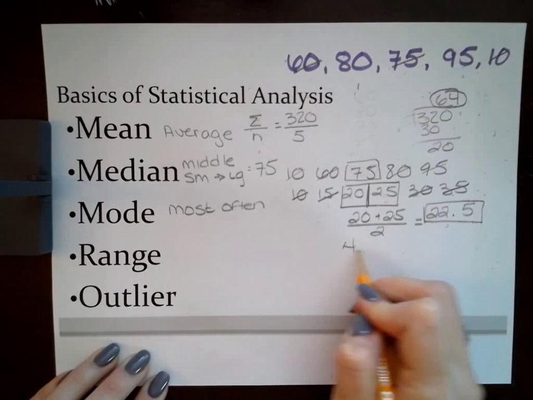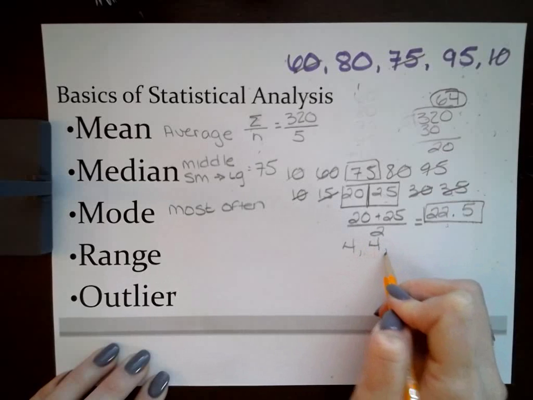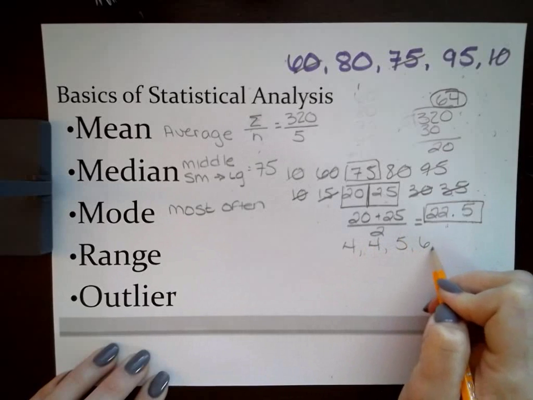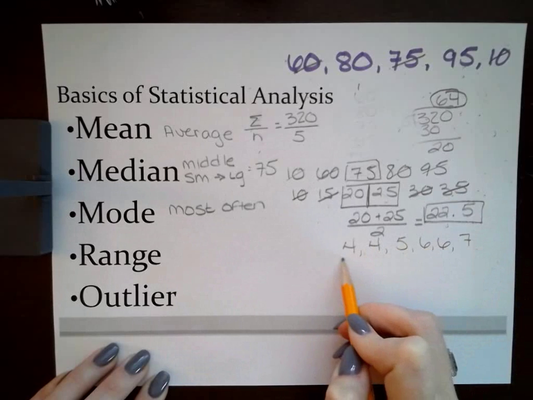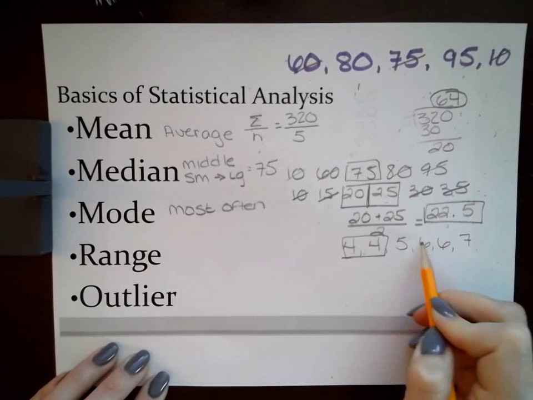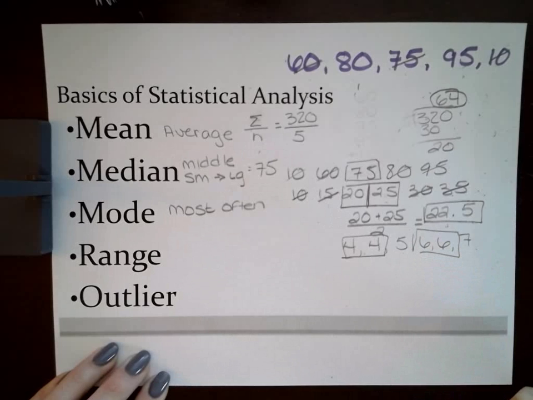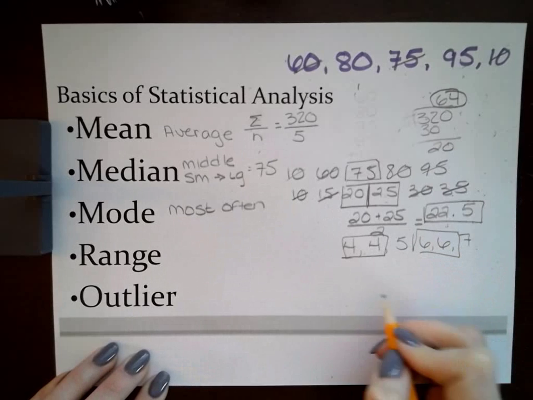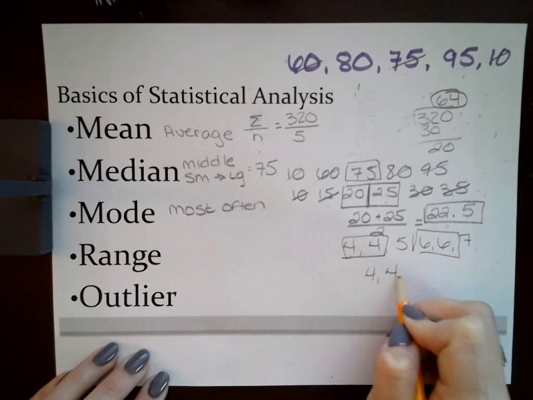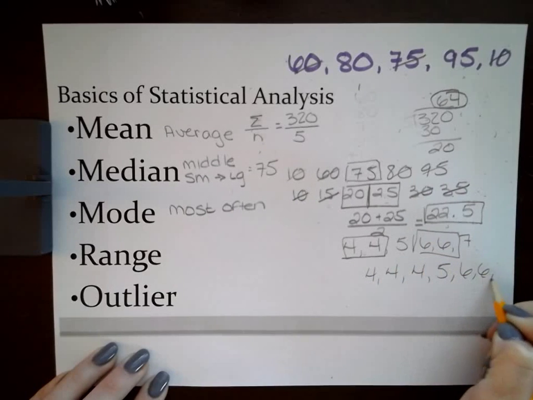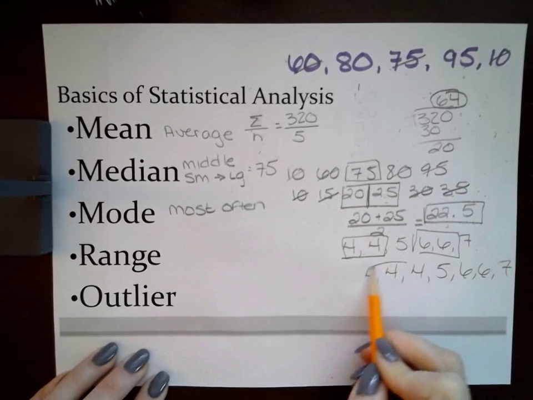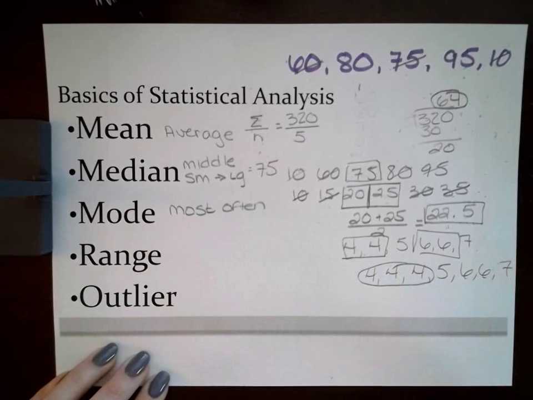If we had the number set 4, 4, 5, 6, 6, 7, here our mode will be 4 and 6 because both of these numbers are repeated twice. If we had the data set 4, 4, 4, 5, 6, 6, 7, our mode is simply 4 because it is the number that appears most often.